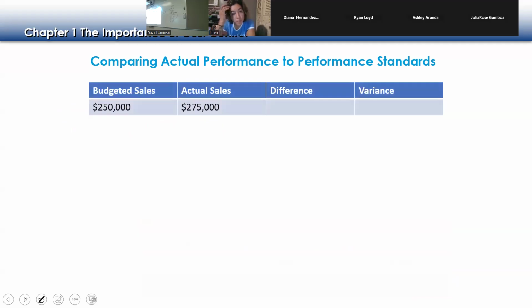So we budgeted for 250,000, but our actual sales were 275,000. What is the difference? 25,000 is our difference.